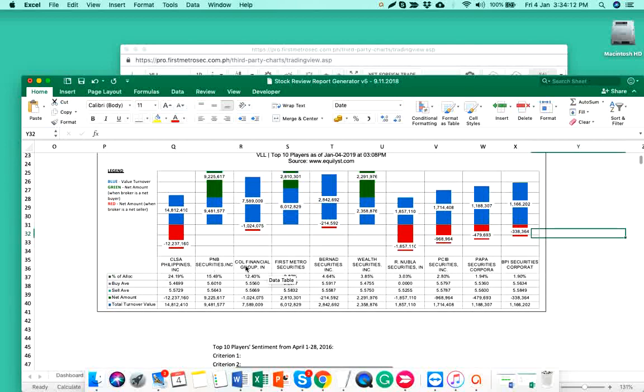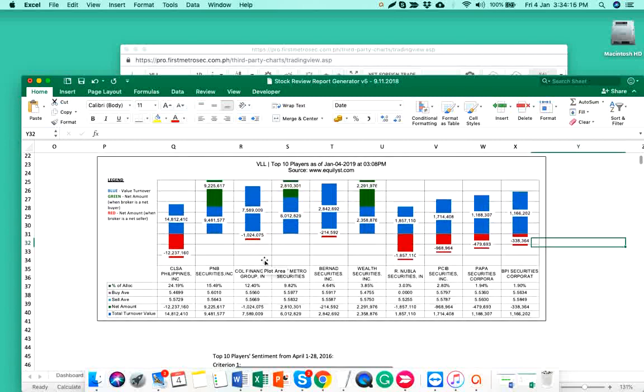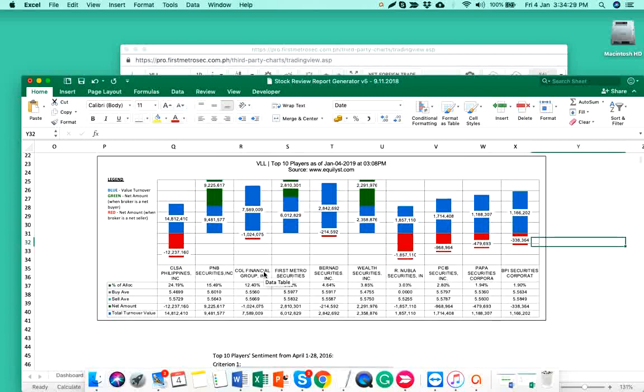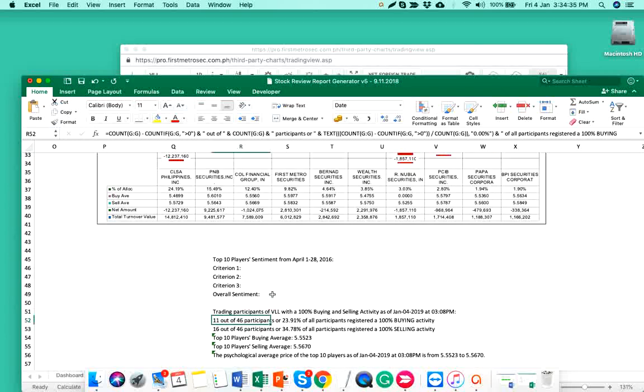Okay, so CLSA takes the lead in trading this particular stock, followed by PNB Securities, and then followed by COL Financial. What you need to take note of here are the statistics at the bottom of this chart.